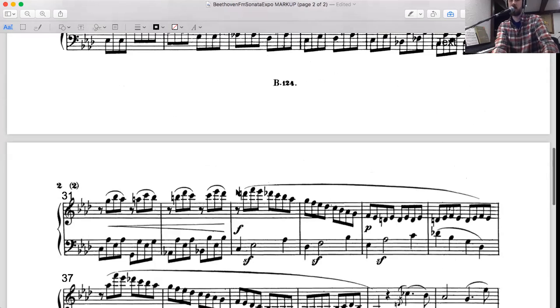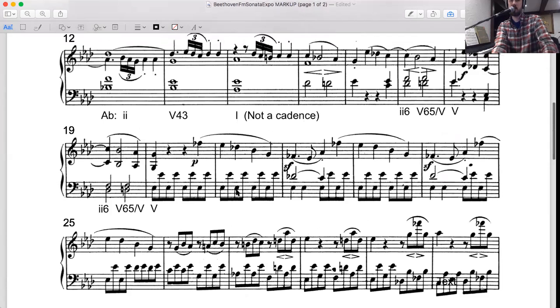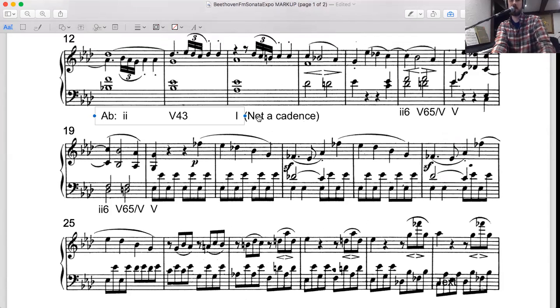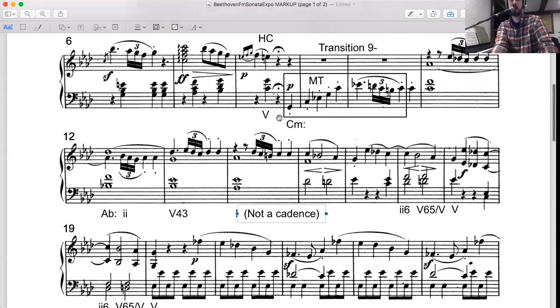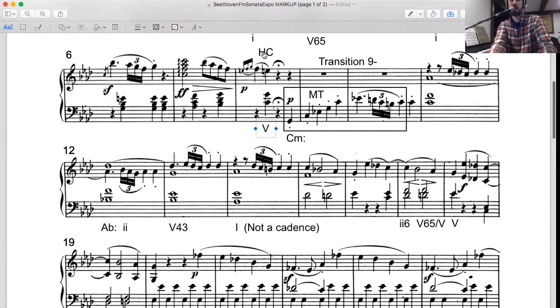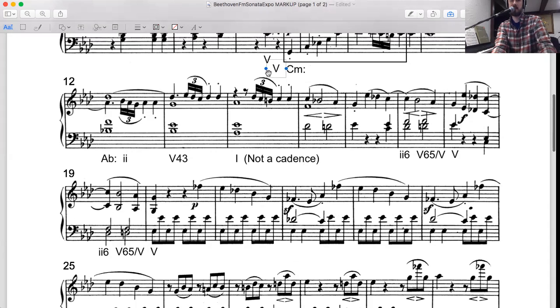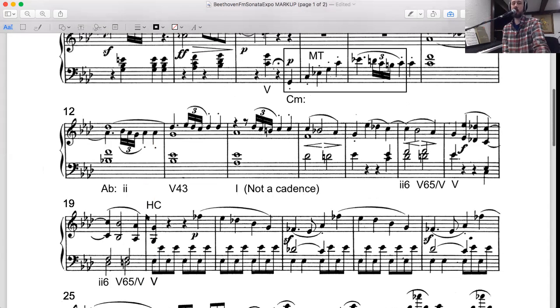And so, what did I just do? We would consider this to be a half cadence on 5. Getting fancy here. I already have that. 2 V's never hurt us, right? A half cadence here on 5 in A flat major, which is the end of our transition.